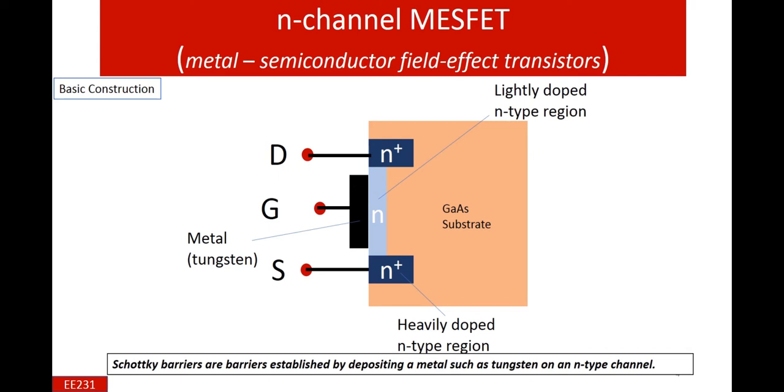And similarly, two highly doped n-type regions are concentrated, which make the terminals drain and source, and there is a relatively lightly doped n-type region acting as the channel between the drain and the source.